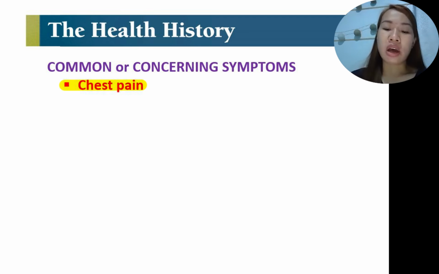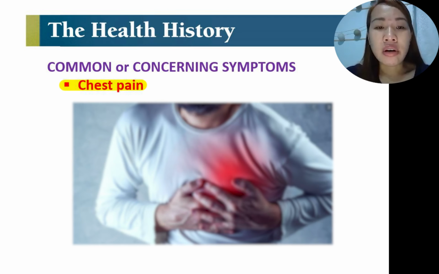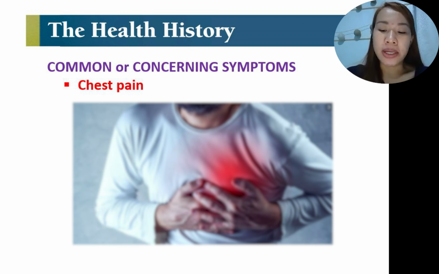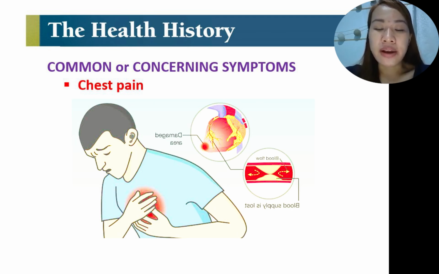This is the most common symptom of coronary heart disease, and coronary heart disease, take note, is the leading killer for both men and women. Chest pain should always be considered a possible life-threatening diagnosis such as angina pectoris, myocardial infarction, or dissecting aortic aneurysm and pulmonary embolus.